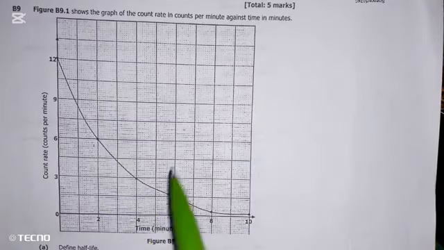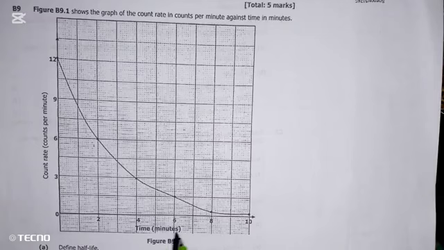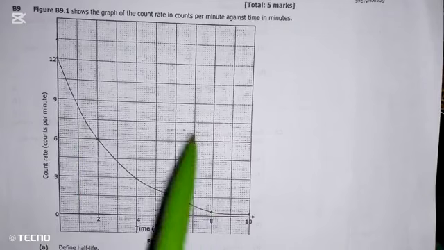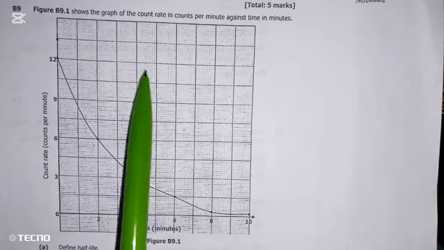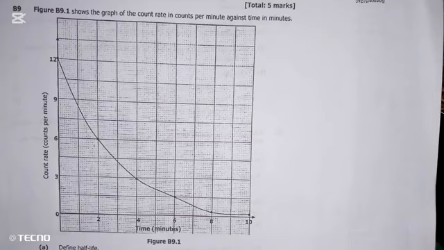Here there is count rate, here it's time, and also the curve. Just seeing this, we are able to tell that this is radioactivity. When we talk of radioactivity, we say the spontaneous emission of particles from an unstable nucleus.